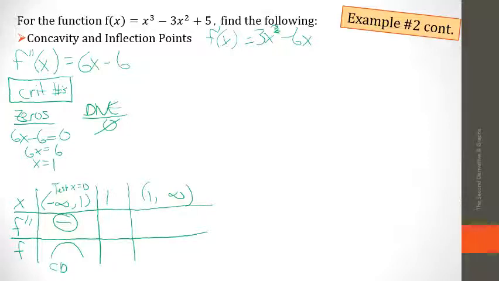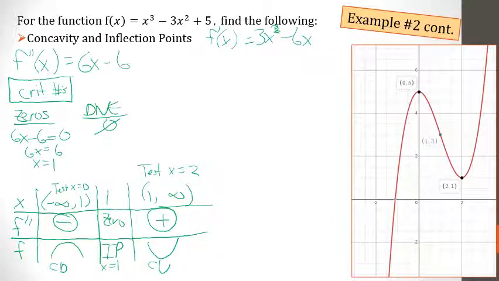Testing x equals 2, I get positive; if you're positive, you're happy, you're concave up. At 1, the second derivative is 0. Since the function changes concavity from concave down to concave up, there's an inflection point at x equals 1. Now let's look at the graph.